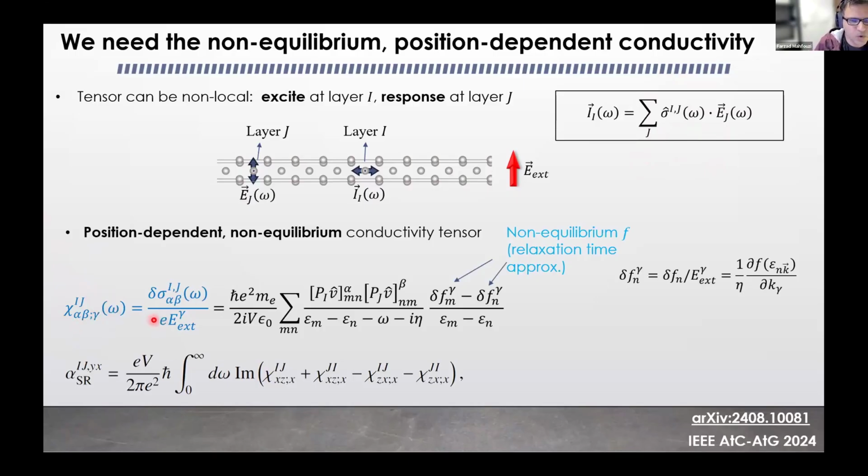But this can be calculated. And since we are interested in the dichroic response, we are interested in only the dissipative part, which is odd under time reversal symmetry and so on.